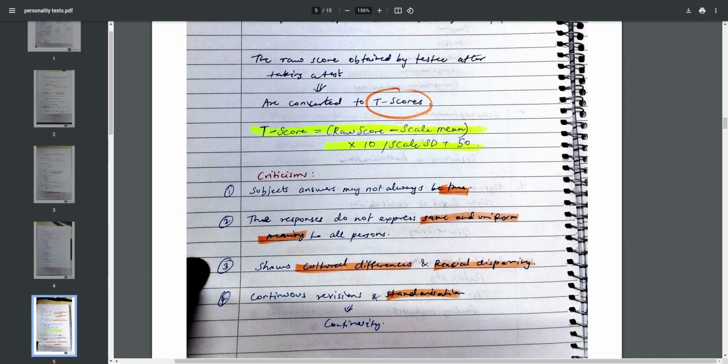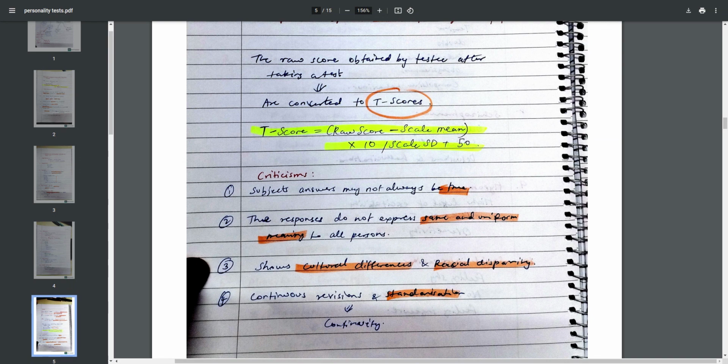Criticism of this test. As the person themselves are answering, there is no rechecking of whether this is true or not, so they may not always be true. Then certain responses mean different things to people, so it's very subjective. Then it shows cultural differences and racial disparity, so this is not culture fair.